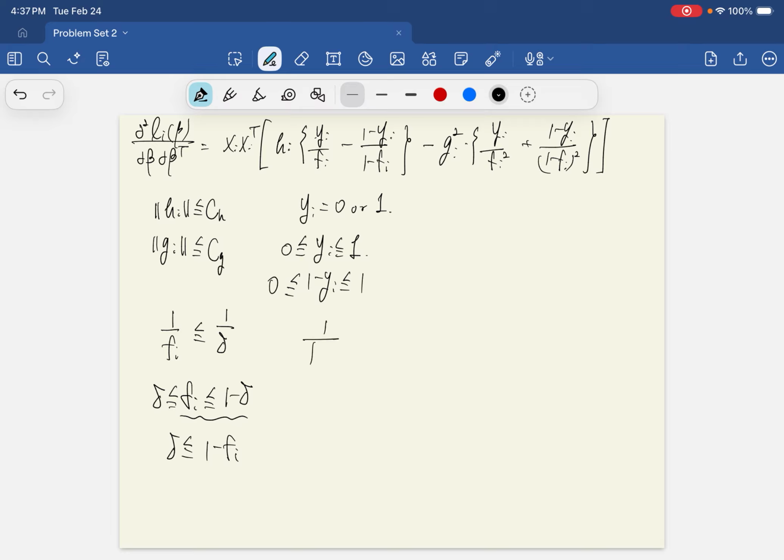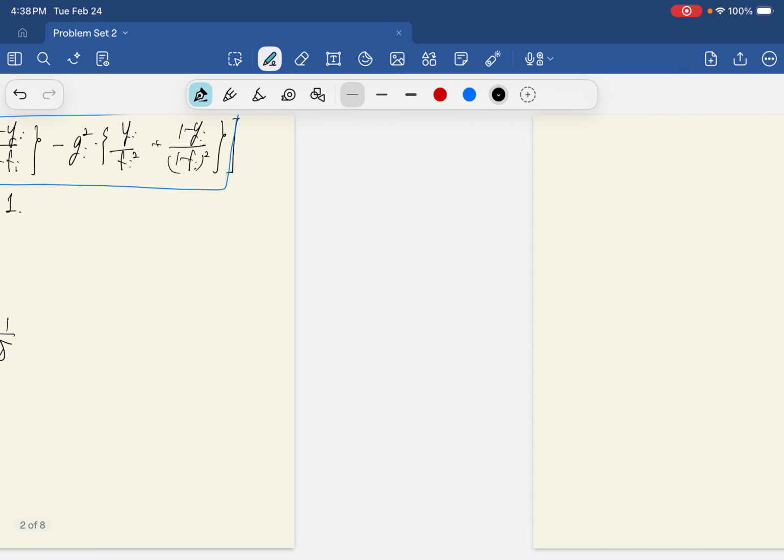That means 1 over f is less than 1 over delta. So in this way, we are bounding a lot of things. So the whole part of these guys will be bounded. Let me turn the page.